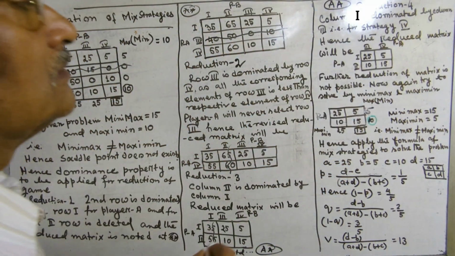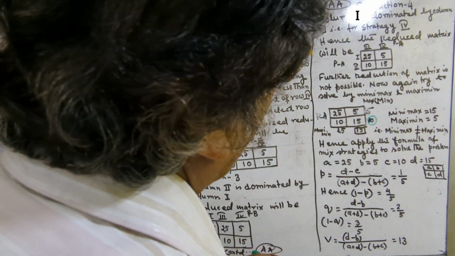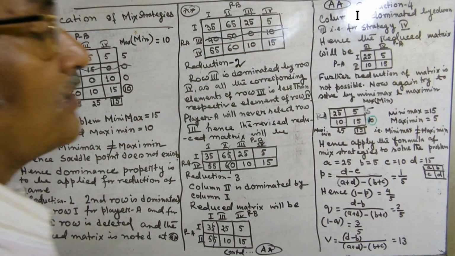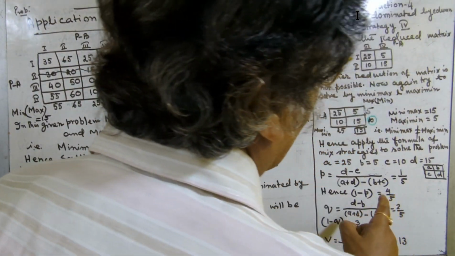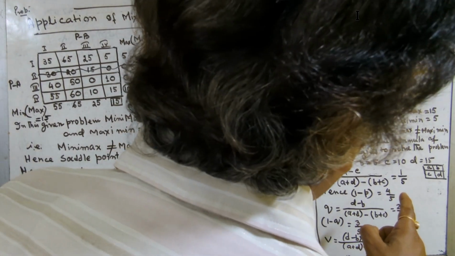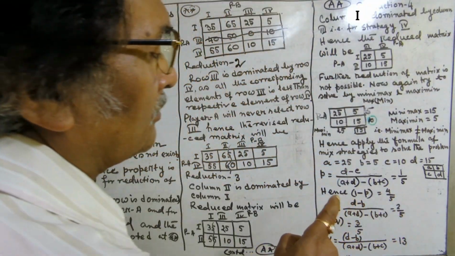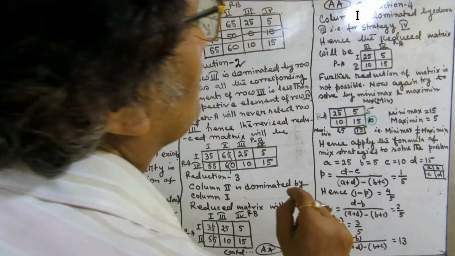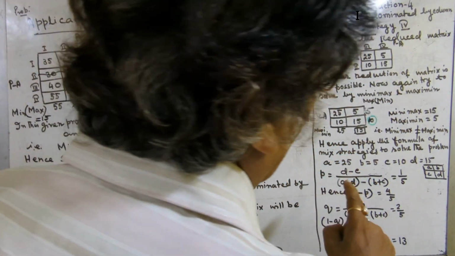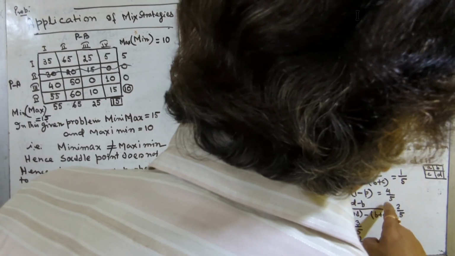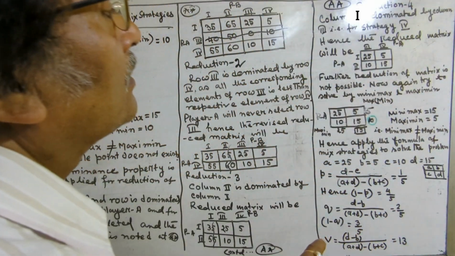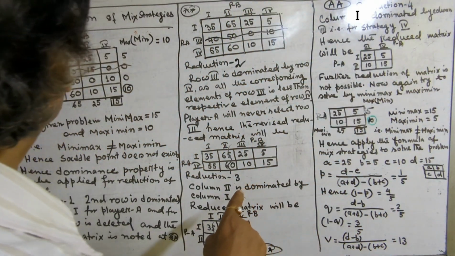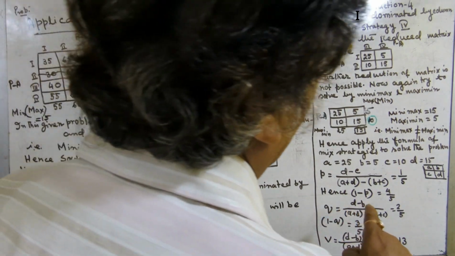This indicates that player A will apply the first strategy with probability 1/5. That means out of 5 times, the first strategy will be applied once, and the second strategy will be applied with probability 4/5, and player A will never apply strategy 3 and 4.